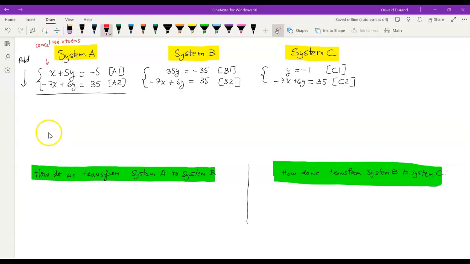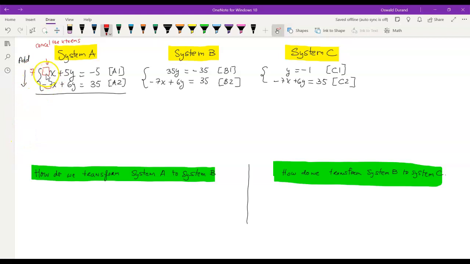In order for me to add them vertically and cancel out the x term, the value in front of the x must be the opposite of negative 7, right? Because 7x minus 7x is 0x, which means it will be canceled out. So therefore, I can multiply the first equation by 7.